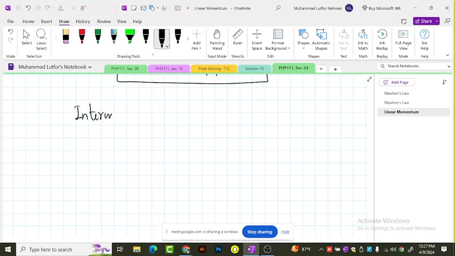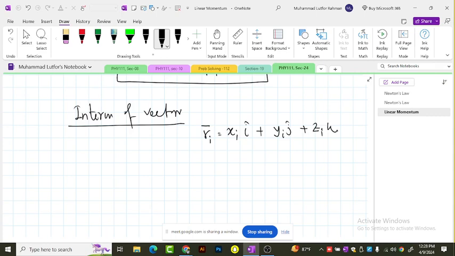Because the coordinate could also be a displacement vector, I can write ri equals xi i hat plus yi j hat plus zi k hat. I am writing the three-dimensional case. xi is the x coordinate of the ith particle, yi is the y coordinate, and zi is the z coordinate of the ith particle.